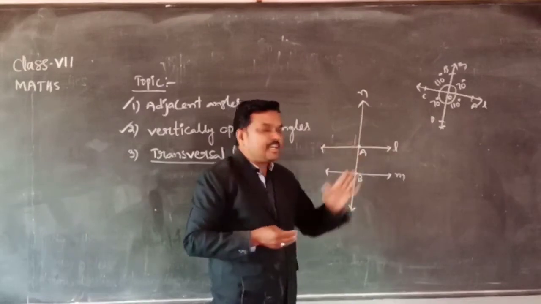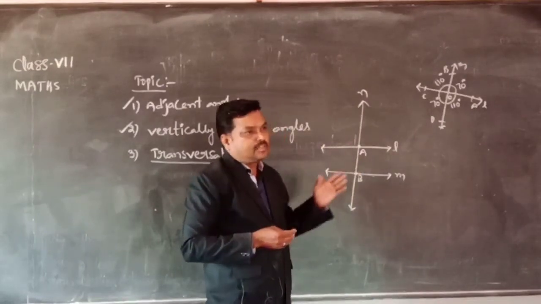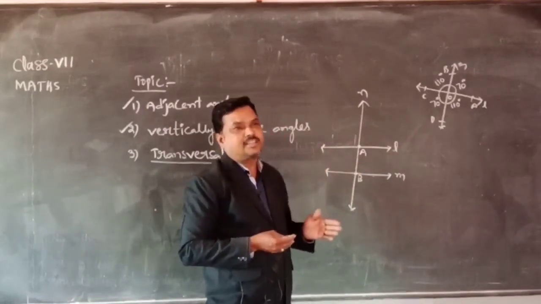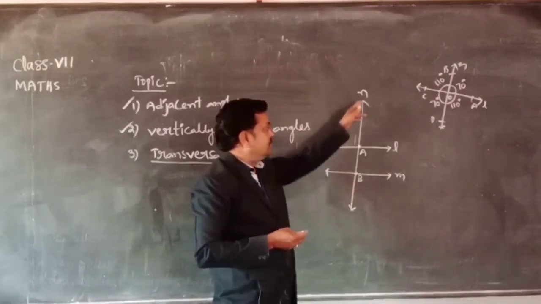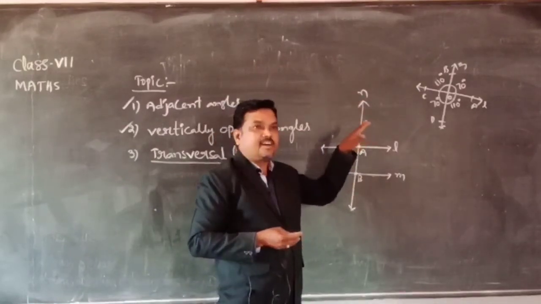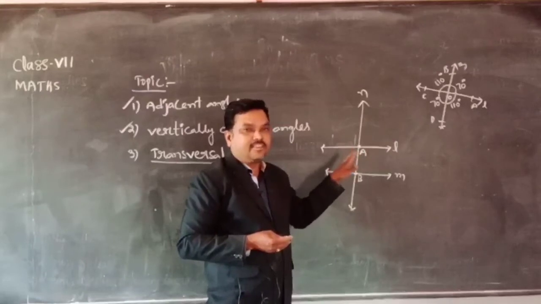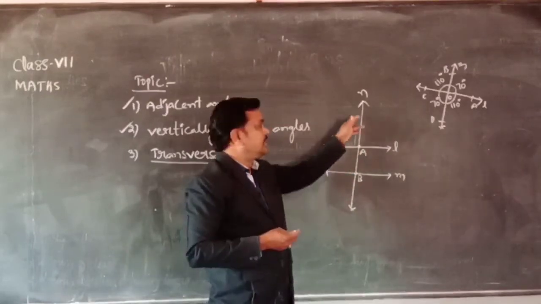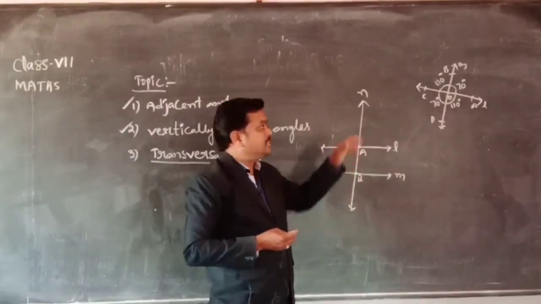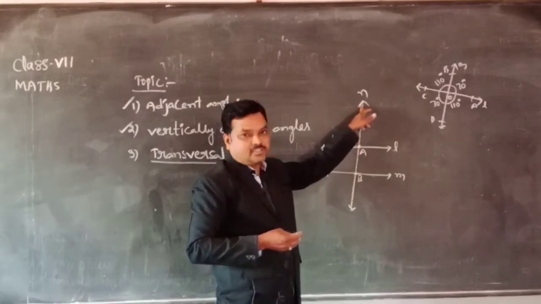Suppose three lines are given in the plane. Sometimes they will give four lines, three lines. The line which intersects the other lines at different points is called a transversal line. So in this figure, N is the transversal.